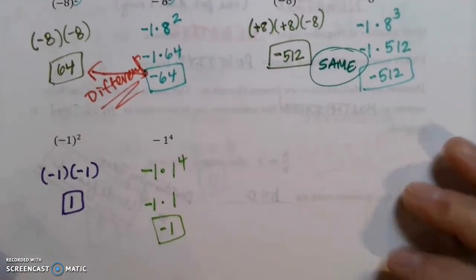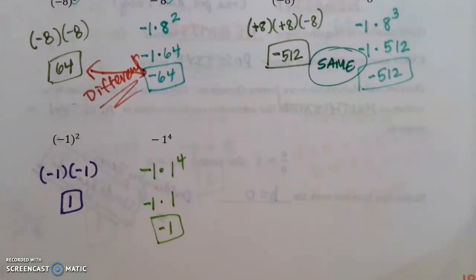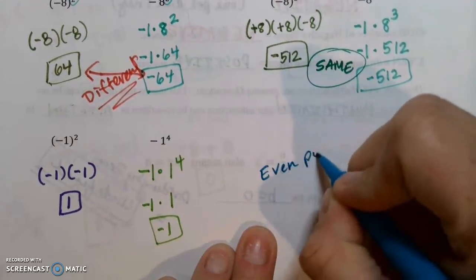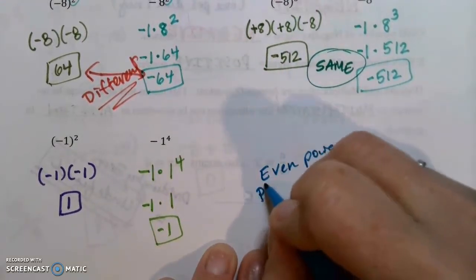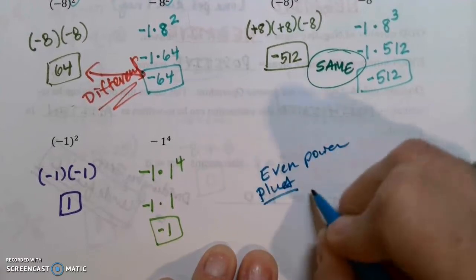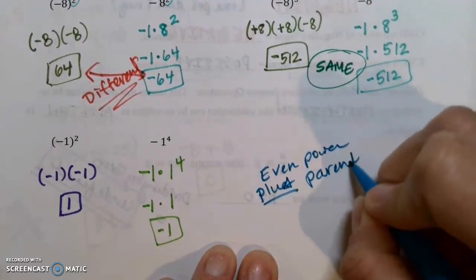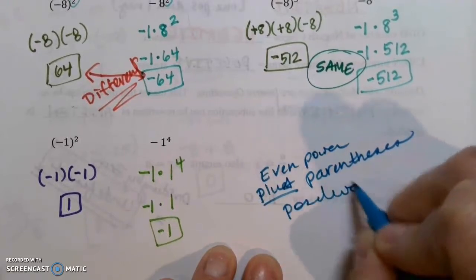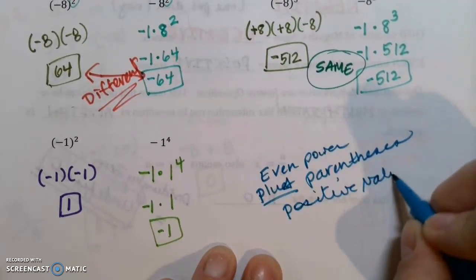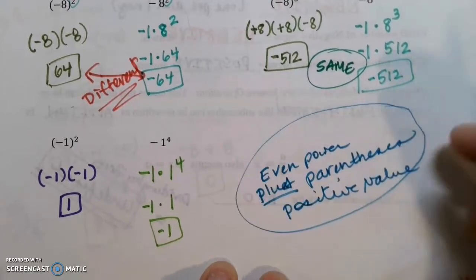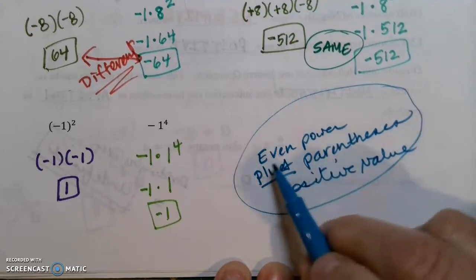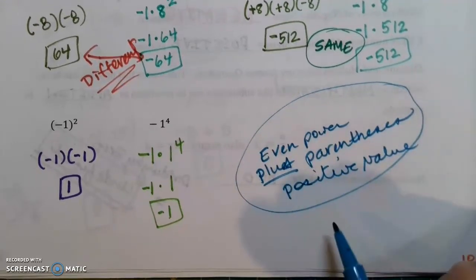So one way that I kind of summarize this is if you have an even power plus parentheses, that will give you a positive value. So all those P's in there. Even power plus parentheses, positive value.